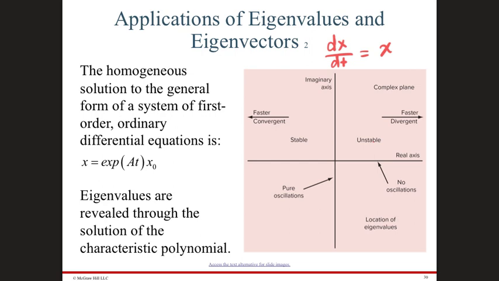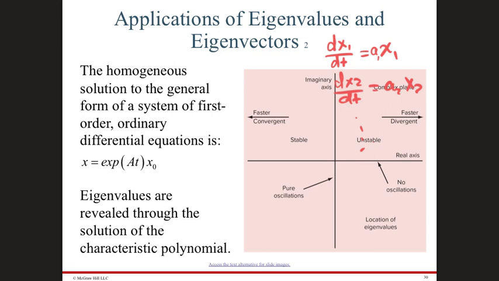If you have a set of variables, so instead of x being a single variable, it becomes a set of differential equations: dx1 by dt equals a1 x1, dx2 by dt equals a2 x2, and so on.